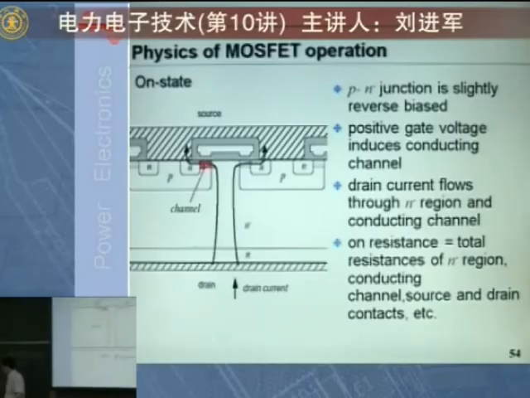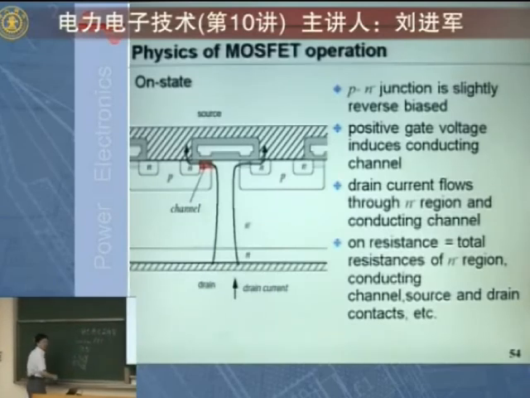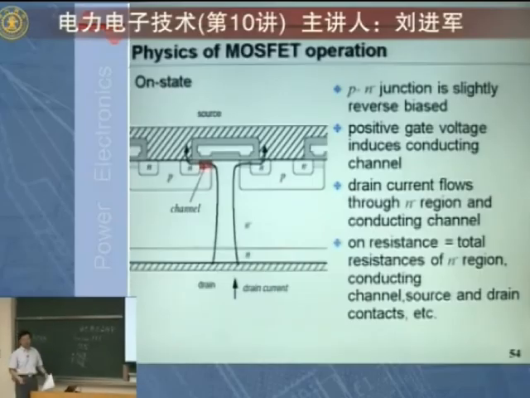That will build up what we call an N channel, because you have a lot of free electrons in that area.